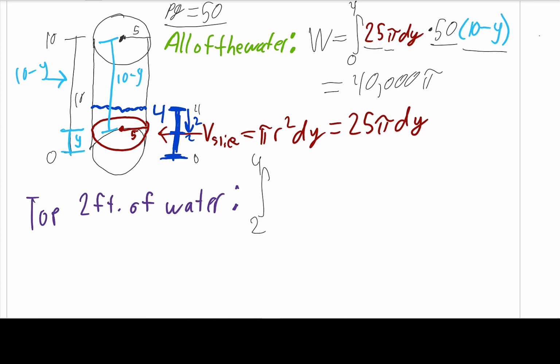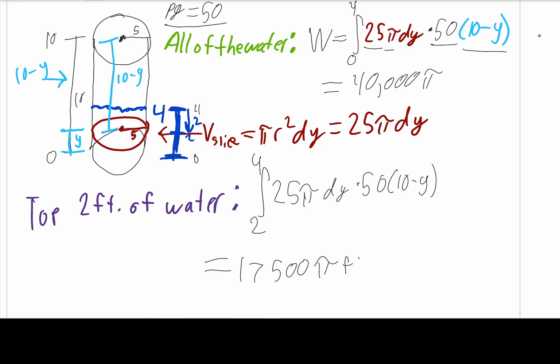So this will be the integral from 2 to 4 of the exact same function times 50 times 10 minus y. And so this should give you 17,500 pi foot-pounds.